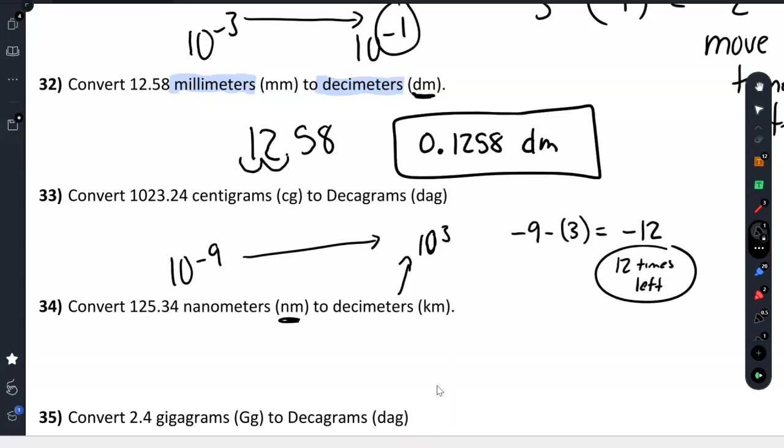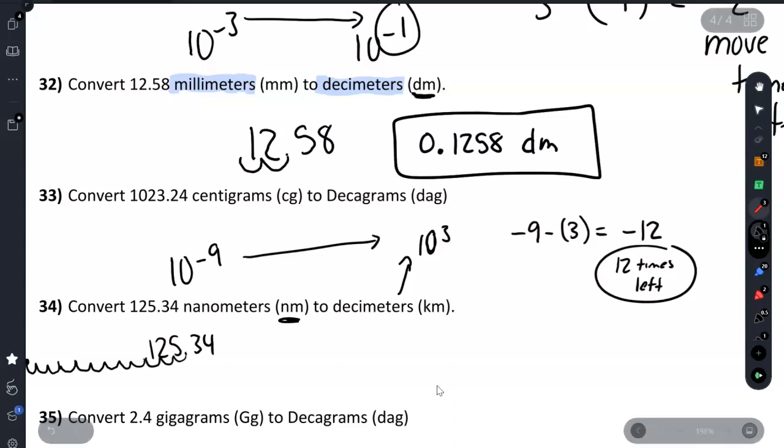And what am I moving 12 times left? I'm moving the decimal. So I have my 125.34, and I need to move this 12 times to the left. So 1, 2, 3, 4, 5, 6, 7, 8, 9, 10, 11, 12. My decimal is going to go here, and I need to add back zeros into all of this. See if I can grab my smaller pen.